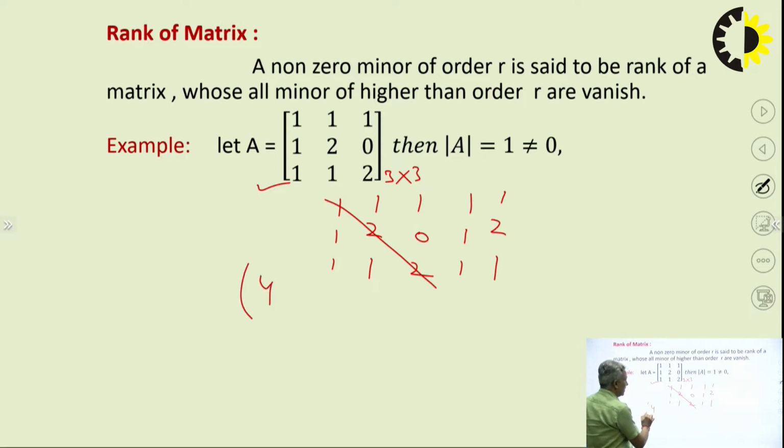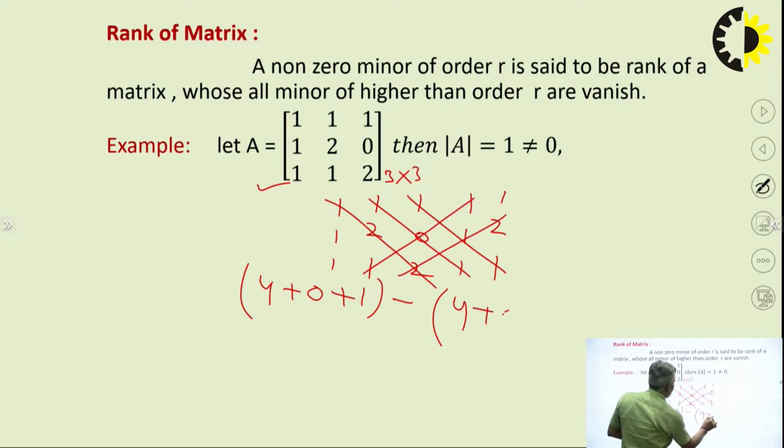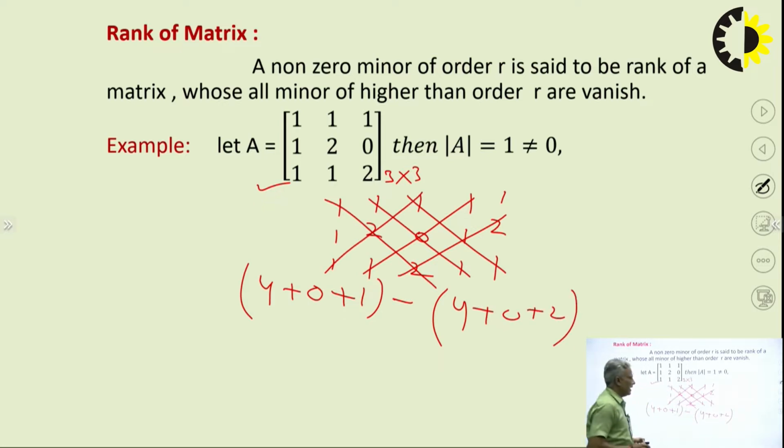I write here, right? And the product of this is 0 plus 0, and the product of this is equal to 1, all these elements, minus. In the same way, 2 2 is 4, and this is 0, and 2 1 is 2. So in this way we can find the determinant of the square matrix. In this way we can calculate.